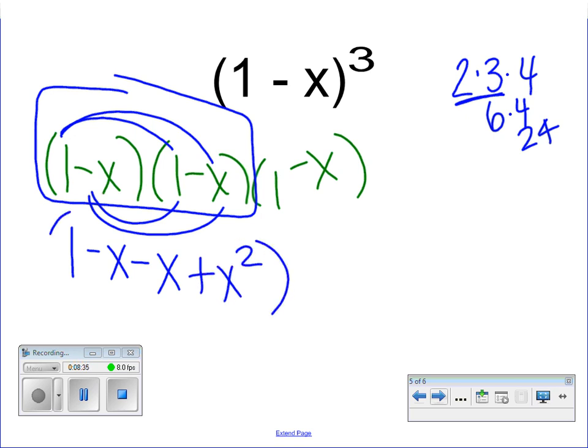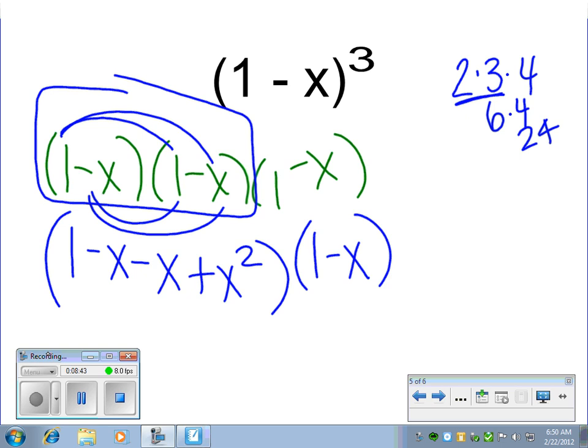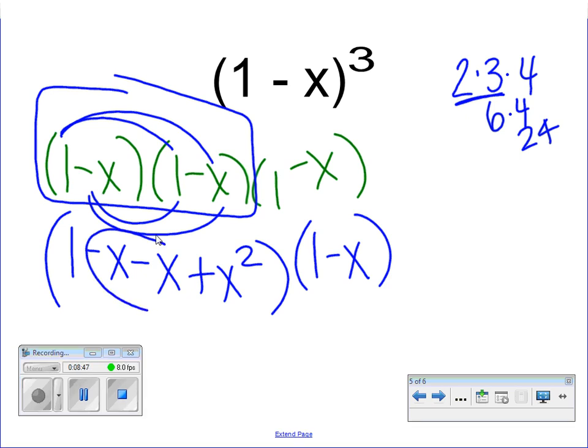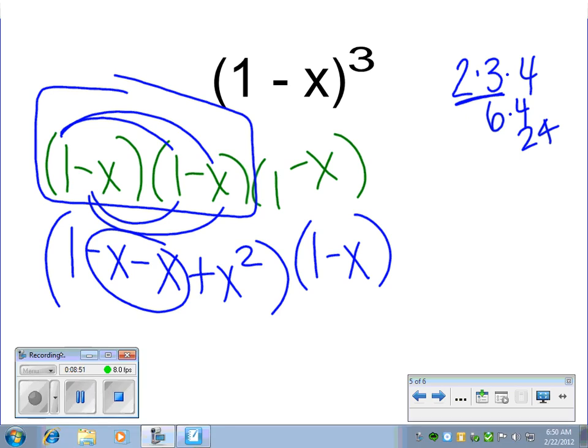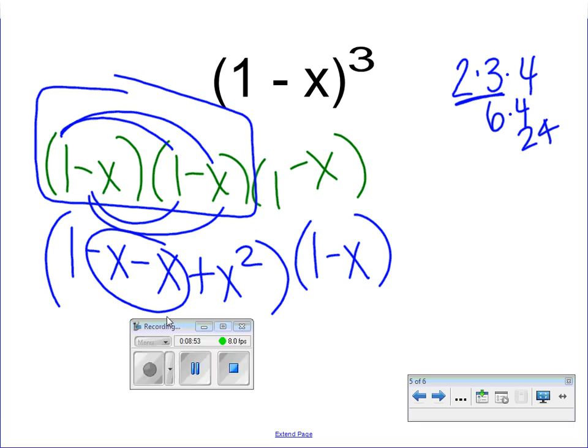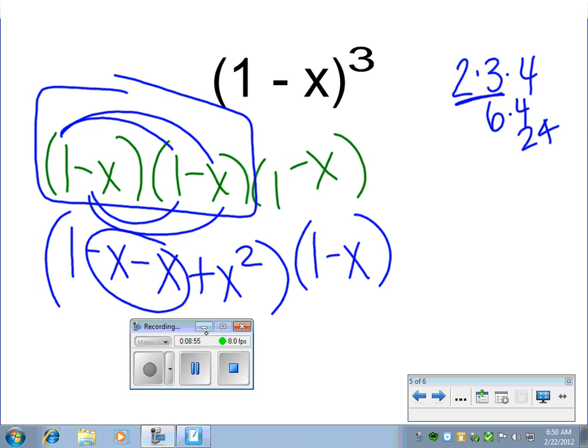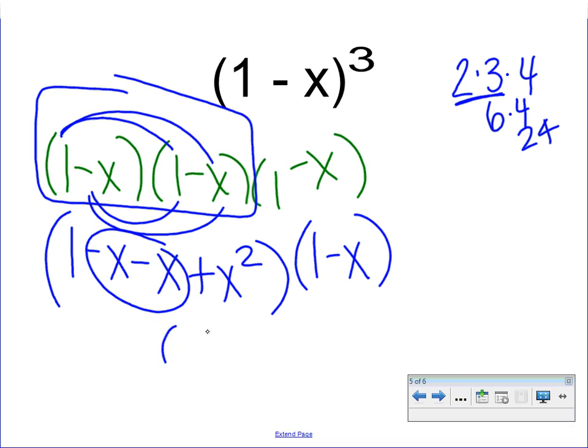Now I need to multiply that times 1 minus x. But if I look at this, I can see that my negative x and negative x, I can combine those two things, right? Negative x minus x gives me a 1 minus 2x.